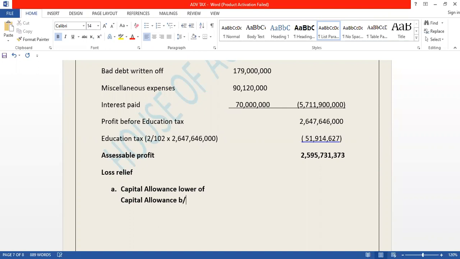Then after capital allowance, we also have the annual allowance, which we are going to check.